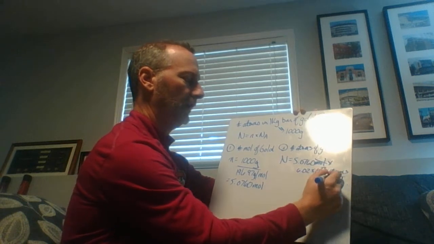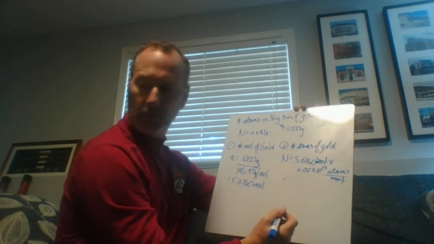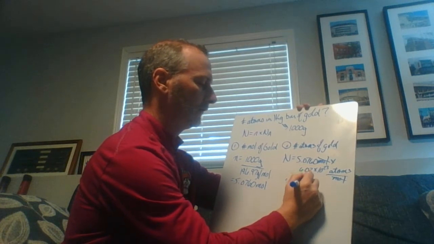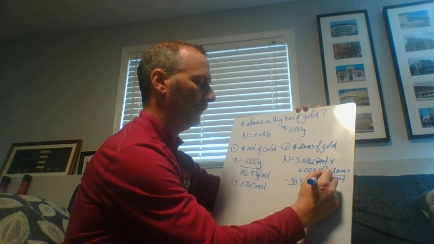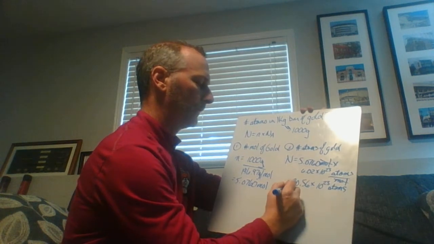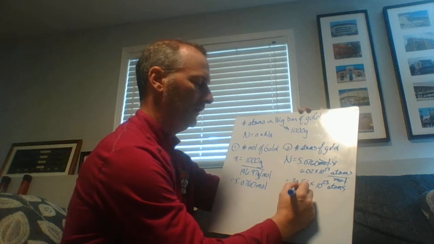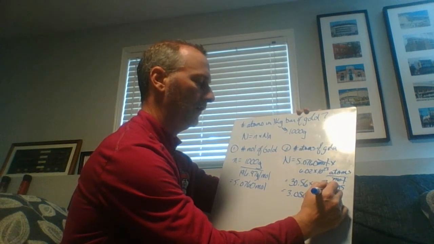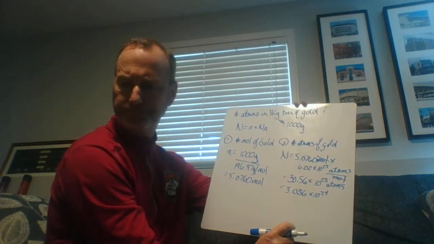My moles are going to cancel. Multiplying those two numbers together gives me 30.56 times 10 to the 23rd atoms, which in scientific notation is 3.056 times 10 to the 24th.